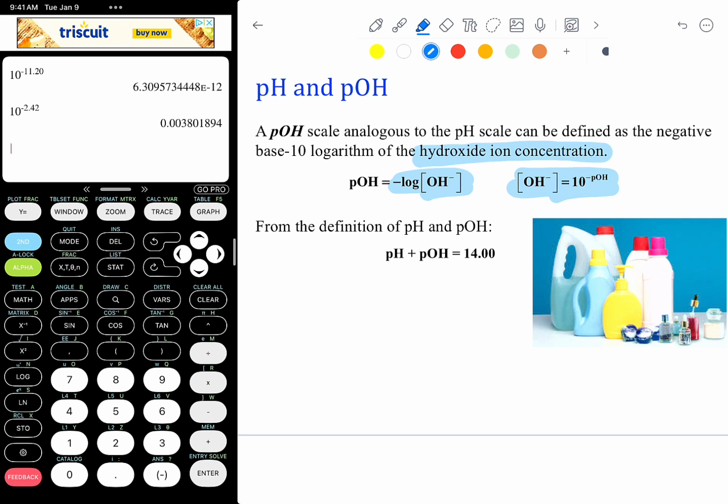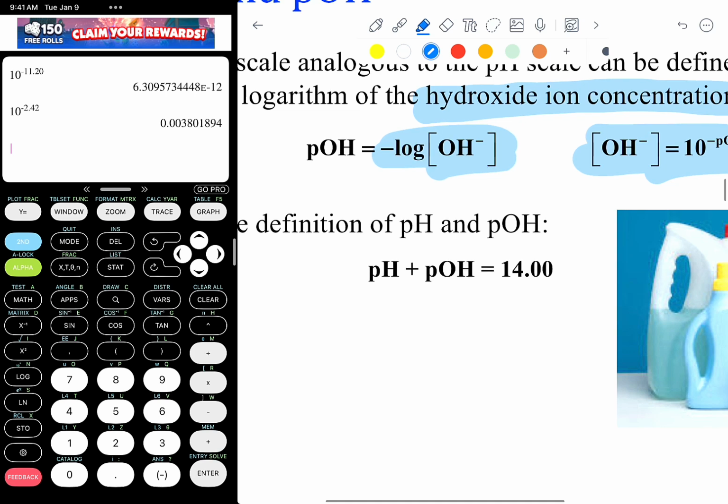Now some problems give us the hydroxide ion concentration and we want to know the pH instead of the pOH. So we can define a relationship between the pH and the pOH, where the sum of the pH and the pOH are always going to equal 14.